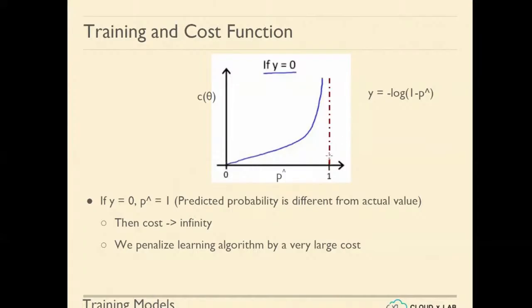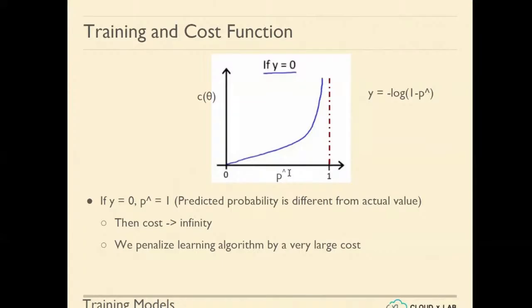And if the model is saying positive class but the input belongs to the negative class, then we will have a very high value here. Let's say the input actually belongs to the negative class, but the model is saying positive with very high confidence, which means p hat will be a very high number.